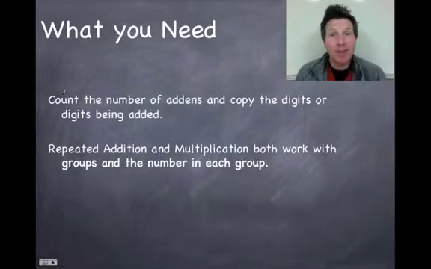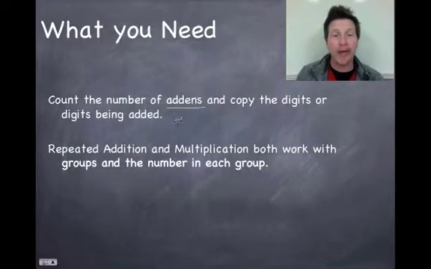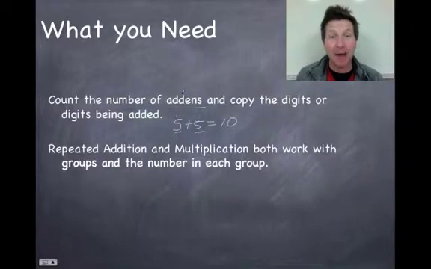So what you need to know to be successful today: you need to know how to count the number of add-ins. Remember, add-ins are the numbers that we are adding together. For example, if we had the numbers 5 plus 5 equals 10, the add-ins are 5 and 5. Those are the numbers that we're adding. And today you need to know how to count how many numbers you're adding. Hey, that's pretty simple.